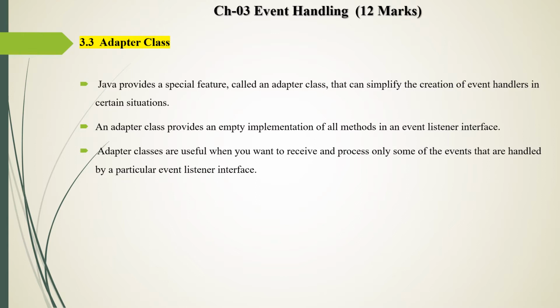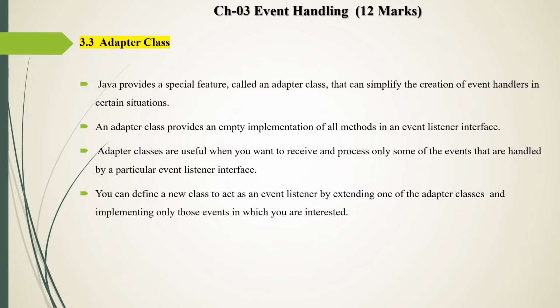Basically there is a package in Java, in the package there are different classes, and in the classes there are different methods. So there is a list of adapter classes, and the adapter classes provide an empty implementation of all the methods.